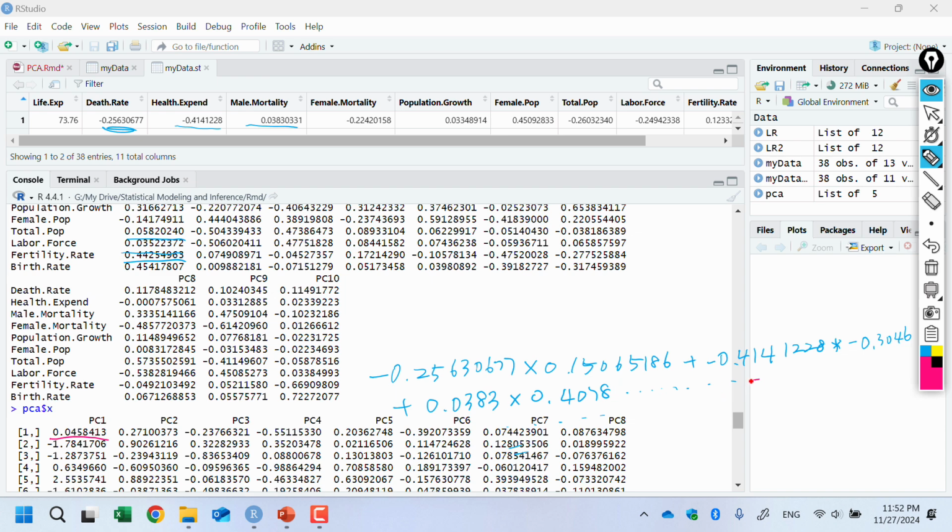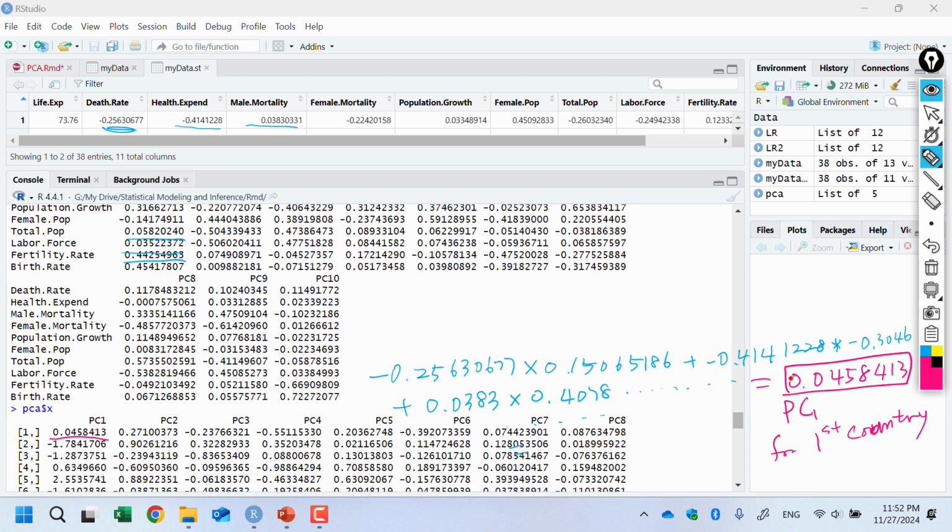This will be the same as 0.0458413. So this is the principal component for the first country. I don't remember what the first country was, but this is a country.